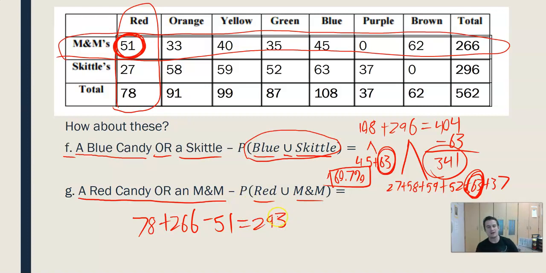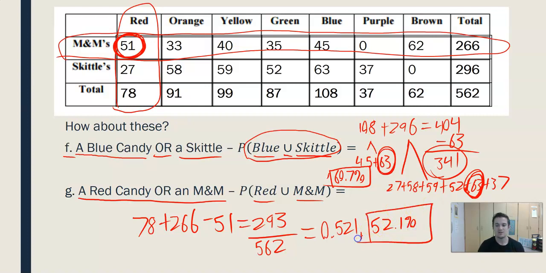There's 293 possible red or M&M candies divided by a total of 562 pieces of candy. That gives me 0.521, or 52.1%. So there's about a 50% chance, 50-50, that you will draw either an M&M or a red piece of candy.